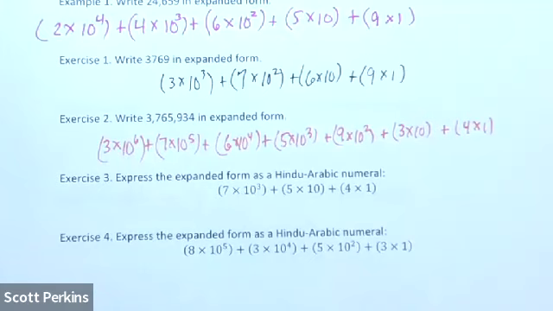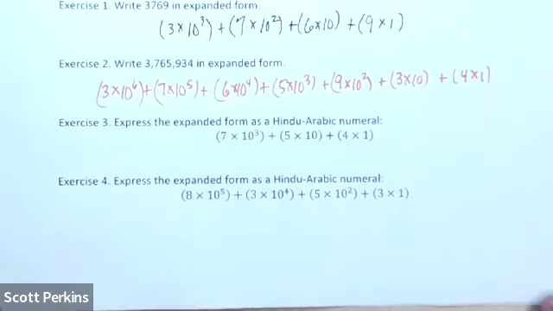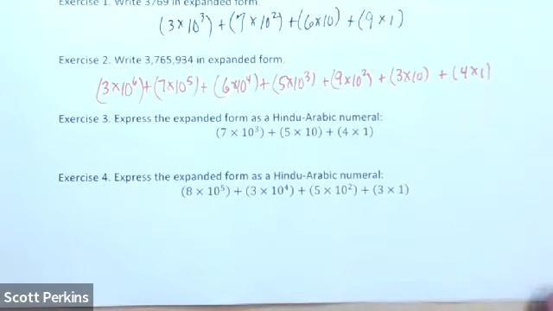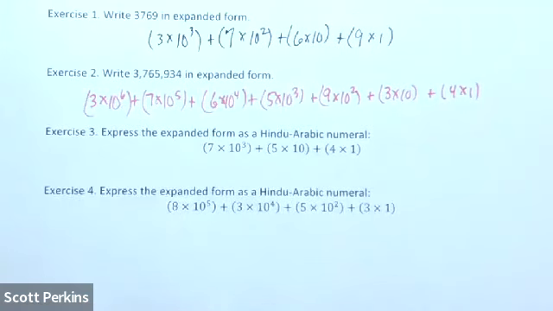Okay, so now exercise 3, you're just going to go backwards and just be careful. Make sure you're including every decimal place. Okay, I might have tried to get tricky with you on exercise 3.